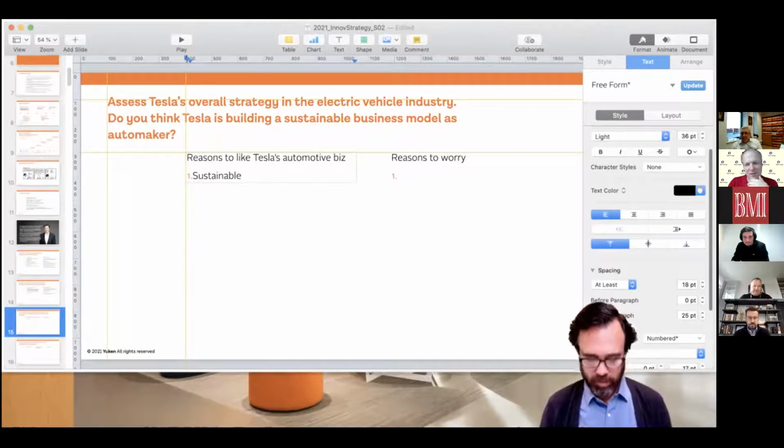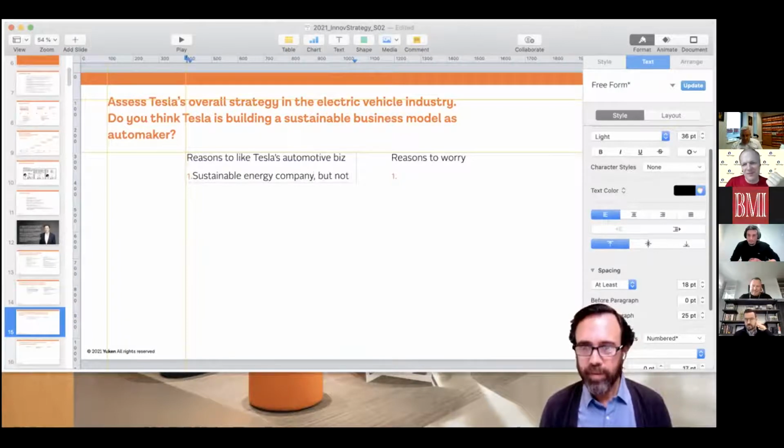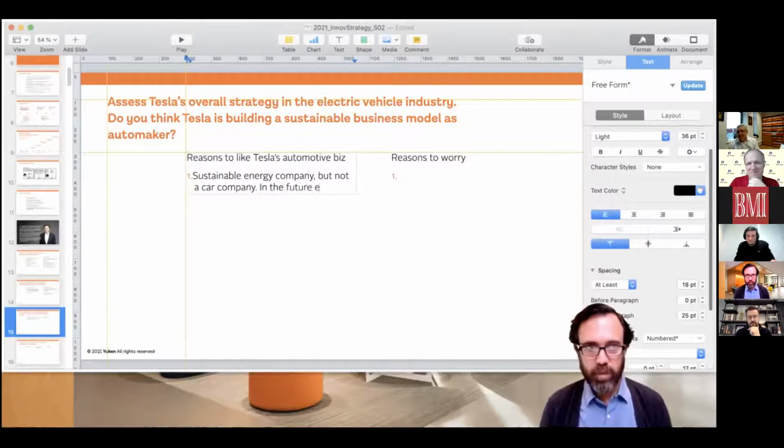Even Volkswagen, when they announced their plans, made it very clear that the future of electric cars will be a commodity, not something special. So in the future, electric cars are a commodity.